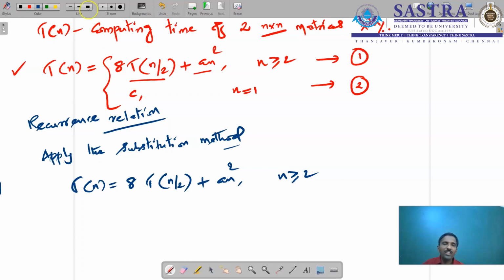Now, this recurrence relation involves finding the value of T(n/2). To find T(n/2), we need to put n = n/2 in equation 1.